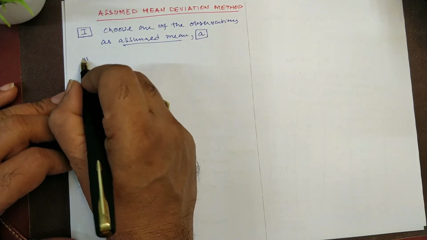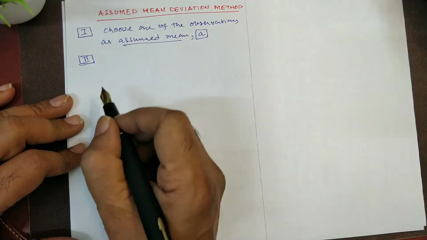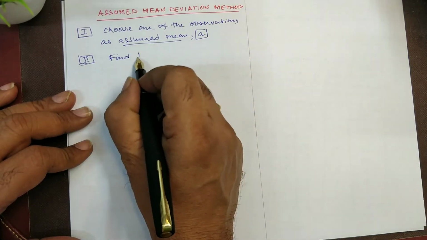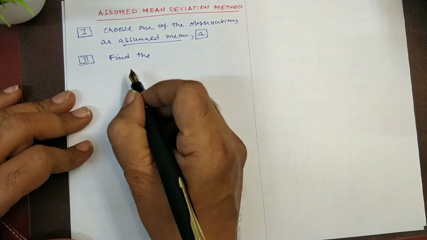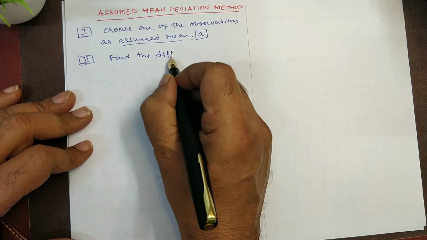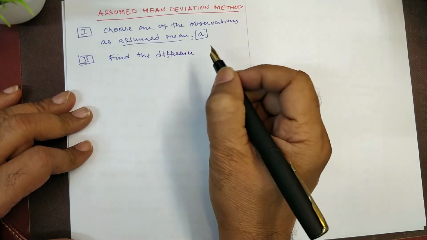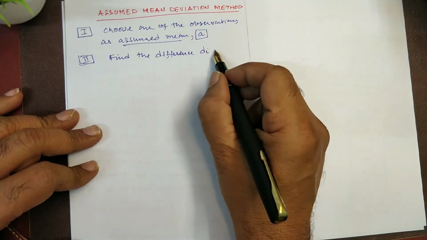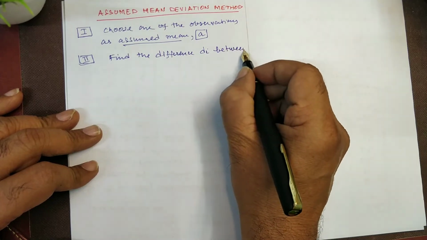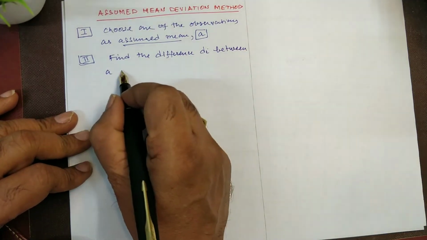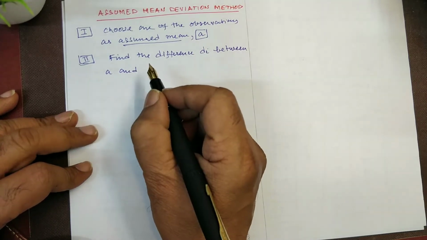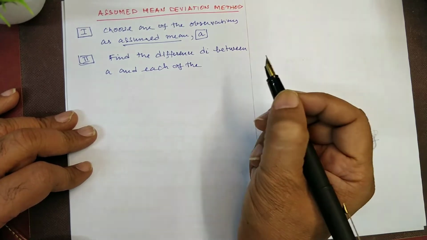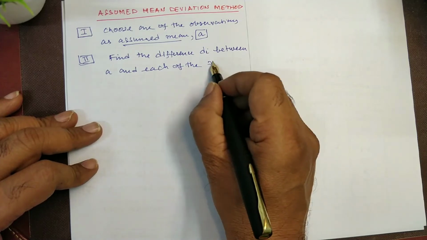Second step, find the difference di between A and each of the observations, that is Xi's.